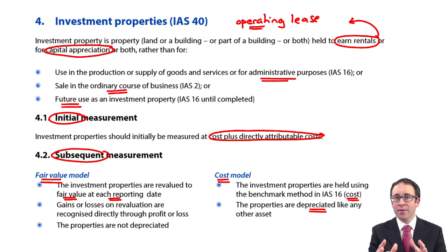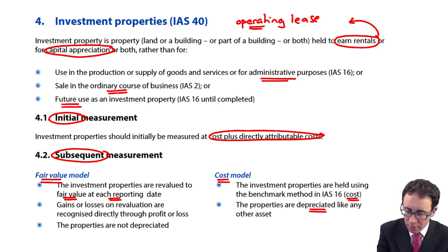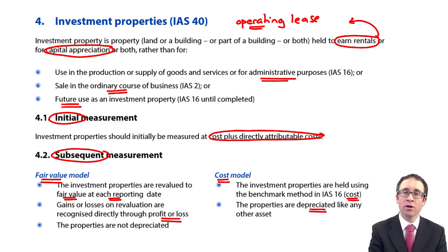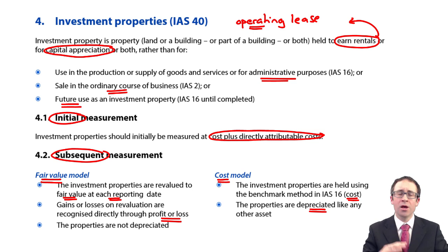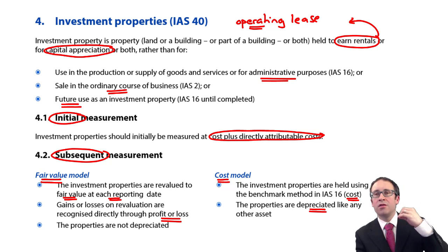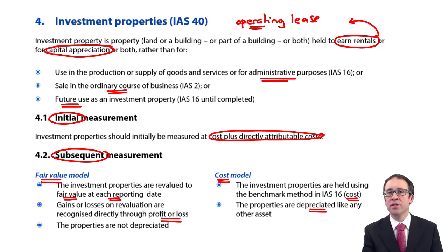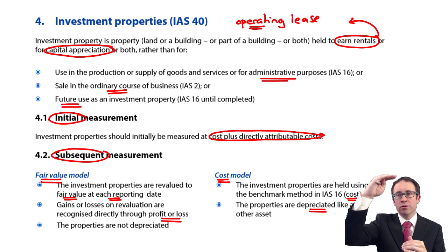The key thing that we have here is that your revaluation, whether it's a gain or whether it's a loss, is recognized immediately through profit or loss. None of this other comprehensive income for your gain, none of this through profit or loss for your losses, and maybe to OCI first if it's been previously revalued. If it goes up, it goes to profit or loss.